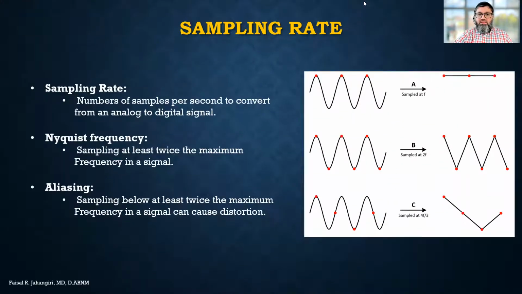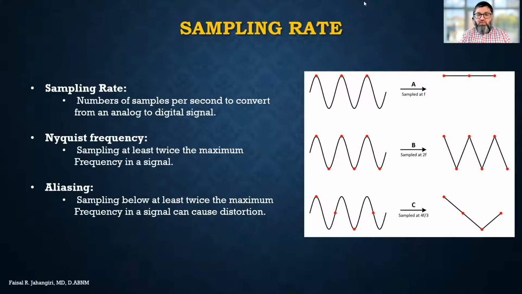Sampling rate is the number of samples per second. Once we have a signal and the frequency of a specific signal, we can have an EEG signal between 0 and 30 hertz. We can have an SSEP signal at a different frequency, and EMG at a much faster frequency.